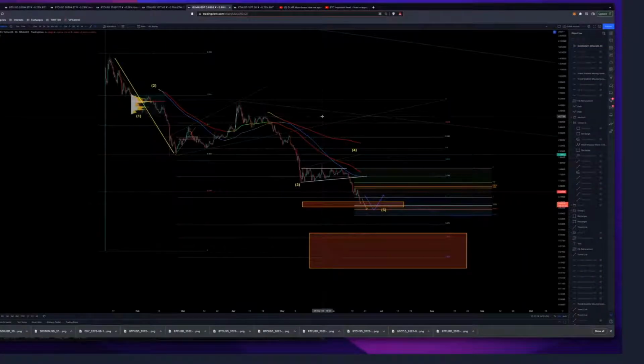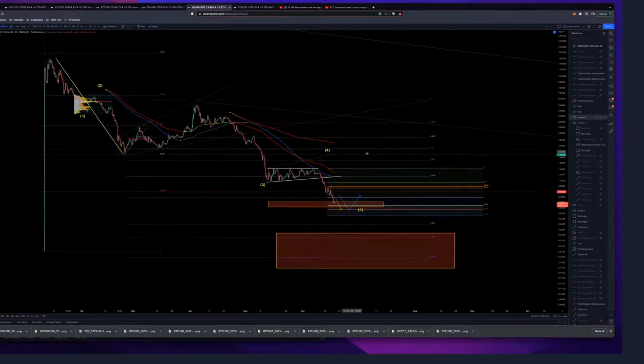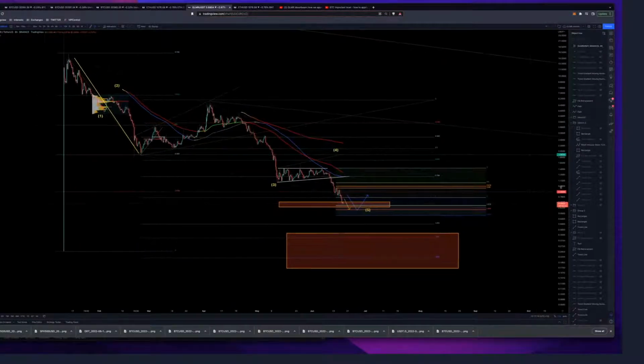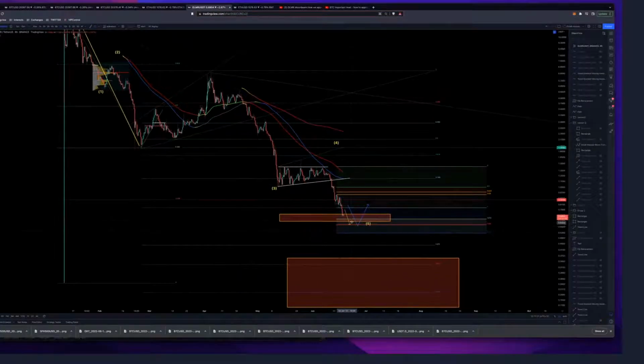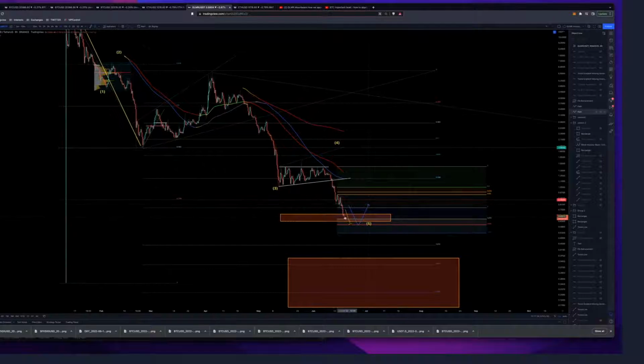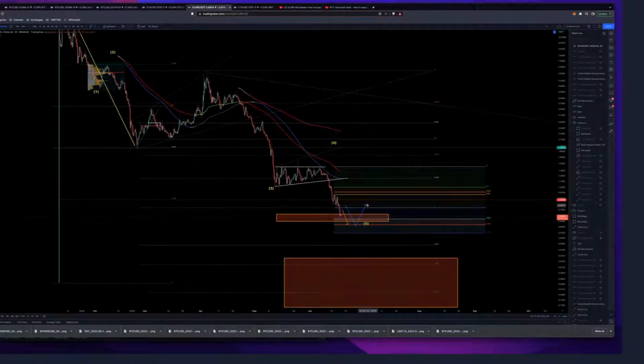Those who are interested in Glimmer or Moonbeam, I've been talking about this as well, and pretty much hit my target. Though we could potentially stay in that range, and we can potentially see another move to the upside.